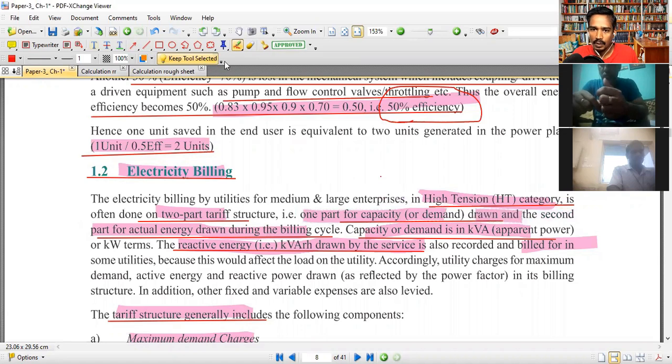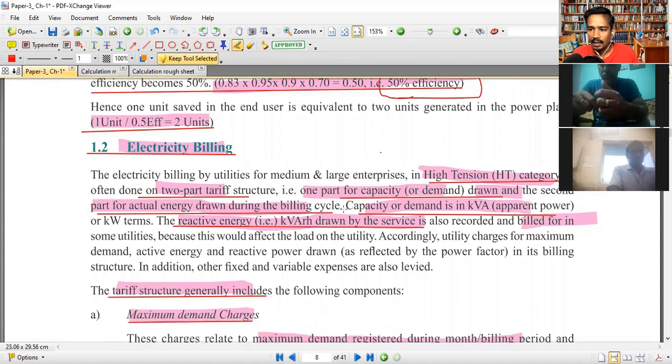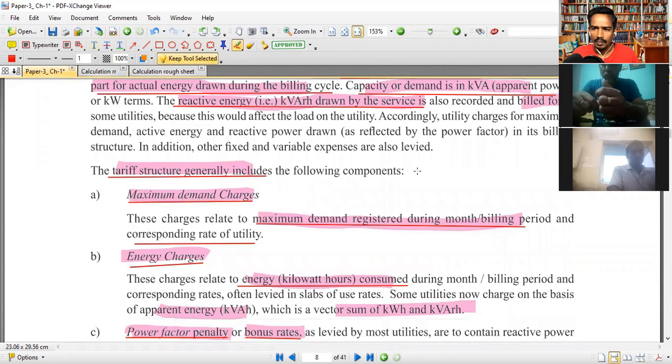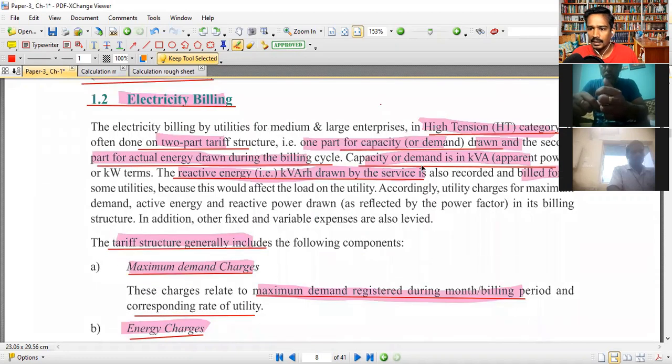These two things they are using for the HT line. Then the remaining factors they are using, you already know: capacitive demand means kVA, apparent power, and reactive power also. Sometimes they also record reactive power. The meter always records kVA, kilowatt hour, and kVAR, everything they are measuring.